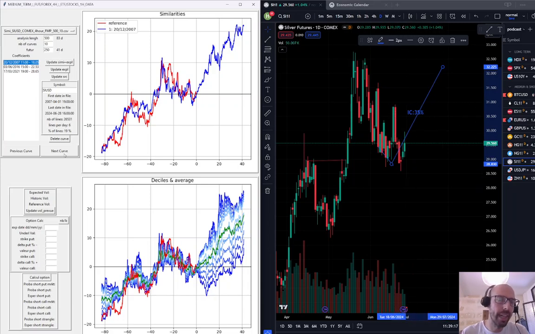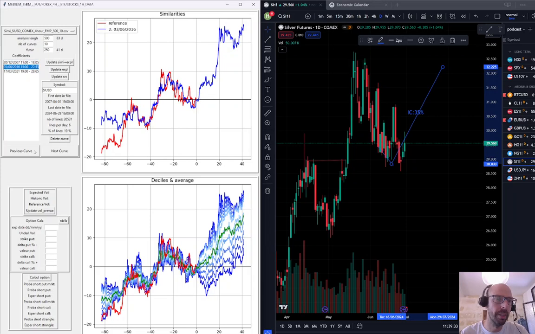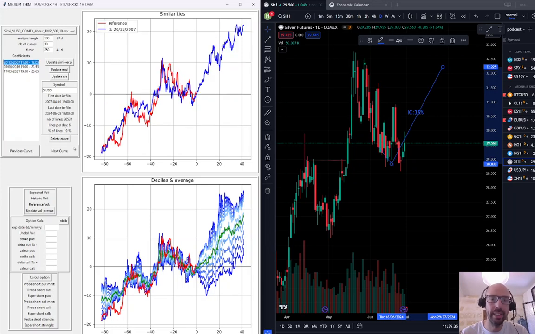In the details I have 83 days of analysis, which is okay for a medium-term analysis, and 3 curves, which is not that much. I would prefer to have maybe 5 curves, but okay, this is quite well similar.